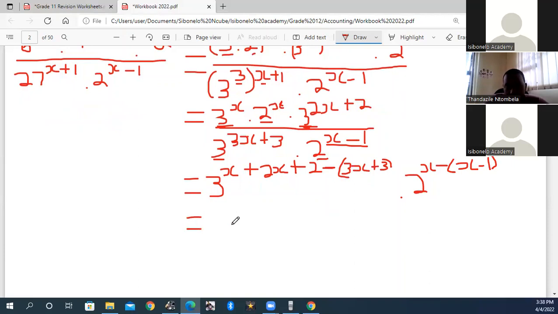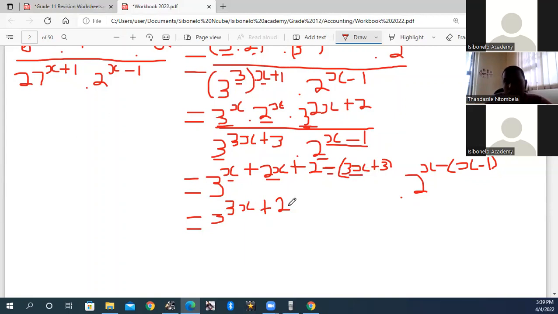Okay, now we deal with the brackets, both of them. We deal with the brackets, then the like terms after that. So we will have the 3 as well, and when we add x plus 2x it will be 3x. So that is 3x. And then we bring back the 2. Negative times 3x is negative 3x.